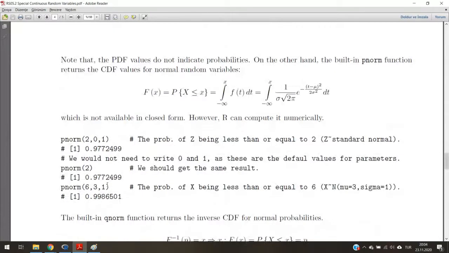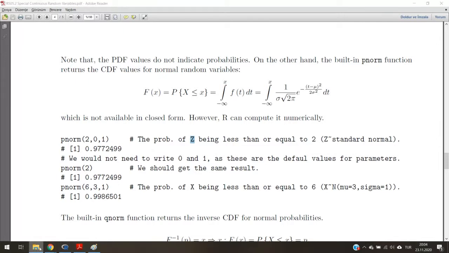Now, how can we calculate the probabilities then? Remember, for continuous random variables, the function that helps us to calculate the interval probabilities or less than or equal to probabilities or greater than probabilities is the cumulative distribution function, which calculates the probability of that certain random variable to be less than or equal to x. Now, let's just say I am interested in calculating the probability of my standard normal random variable Z to be less than or equal to 2.